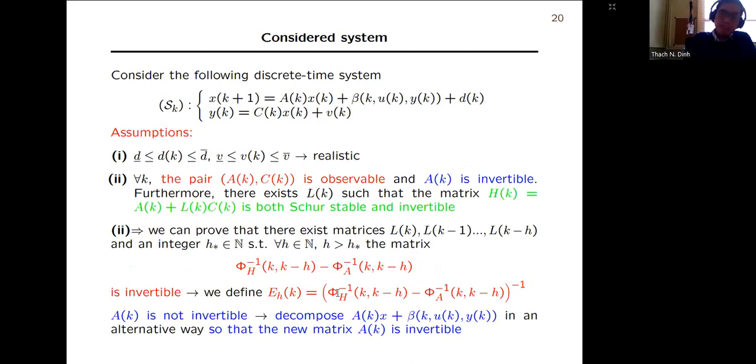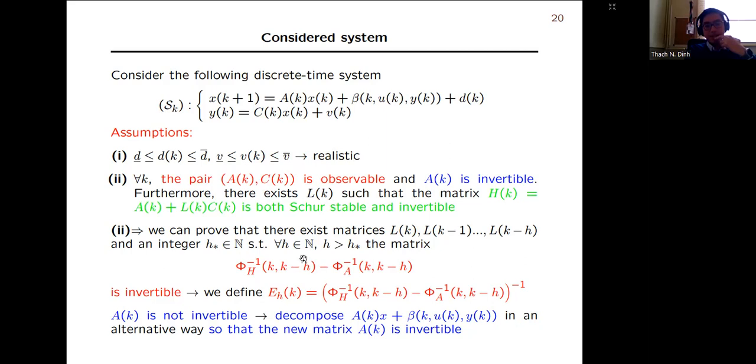So now the problem statement. We consider the system SK, because here the considered system depends on time. And we suppose the same assumptions on the observability and the bounds of uncertainties.